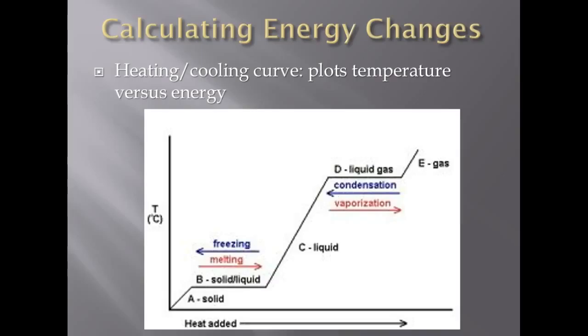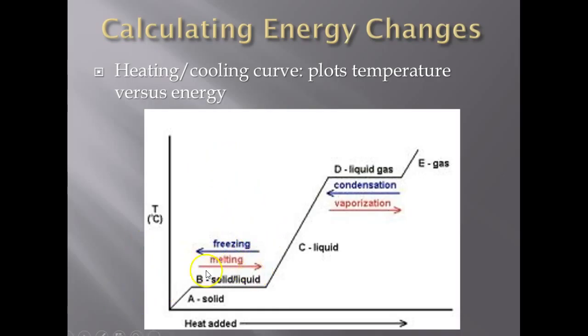Okay? Also notice at the phase changes, it says both phases. So when you get to right here, it's a solid. But as we continue adding energy, you have solid melting into liquid until you have all liquid when you get to that point.